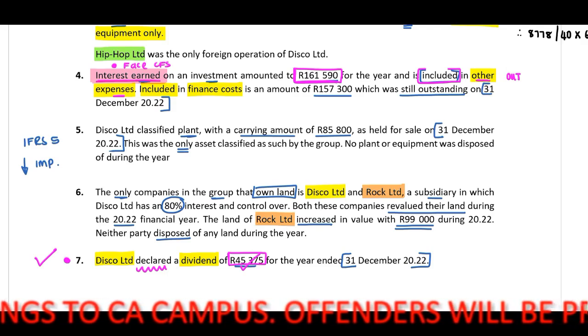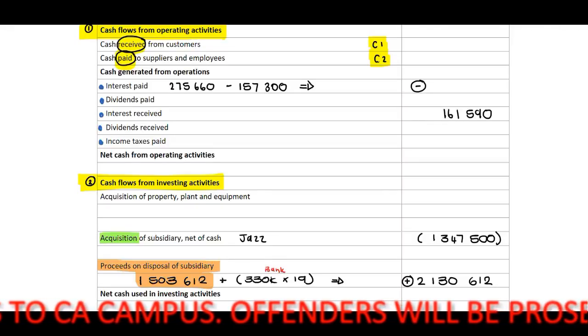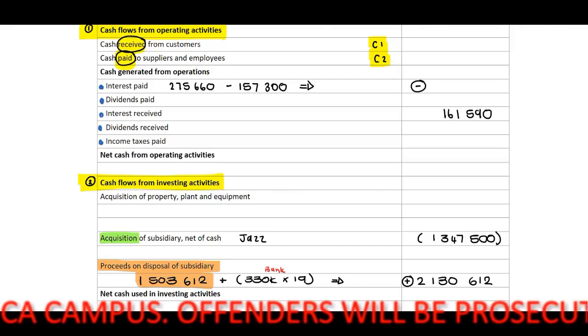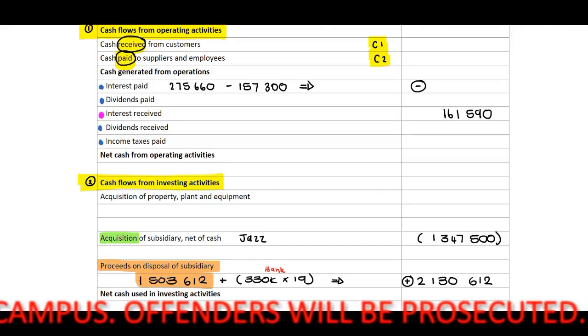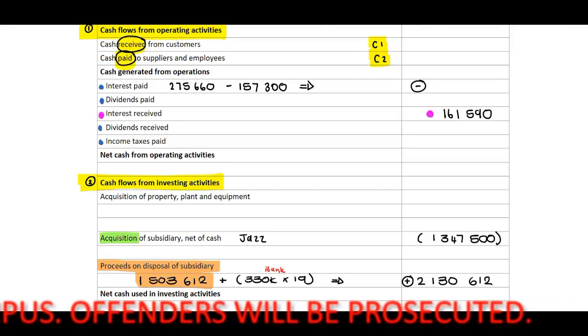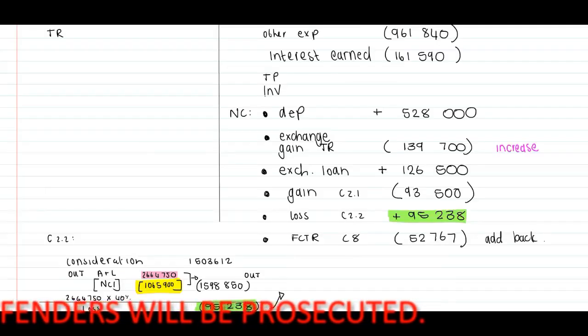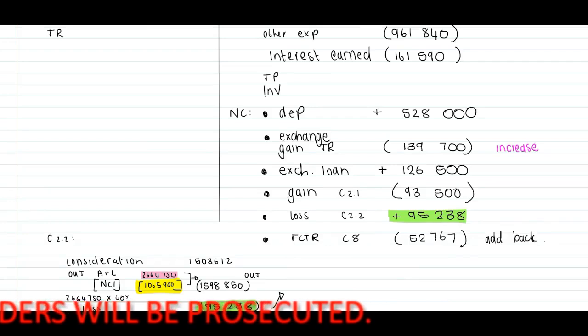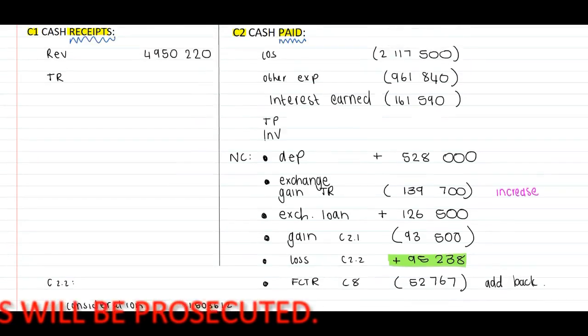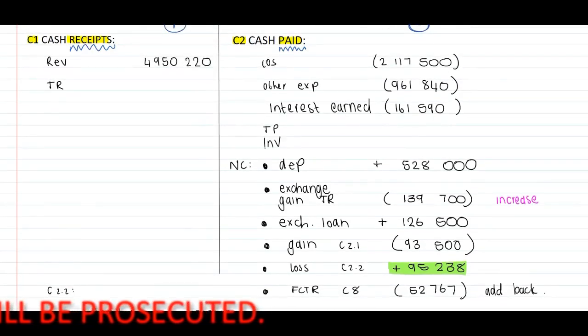First, I'm going to transfer this to the face because this is my easy marks. Interest received, interest earned, 161,590, right? Then I need to take this out. Now, when you look at this, they've indicated to us that it is included in our other expenses.